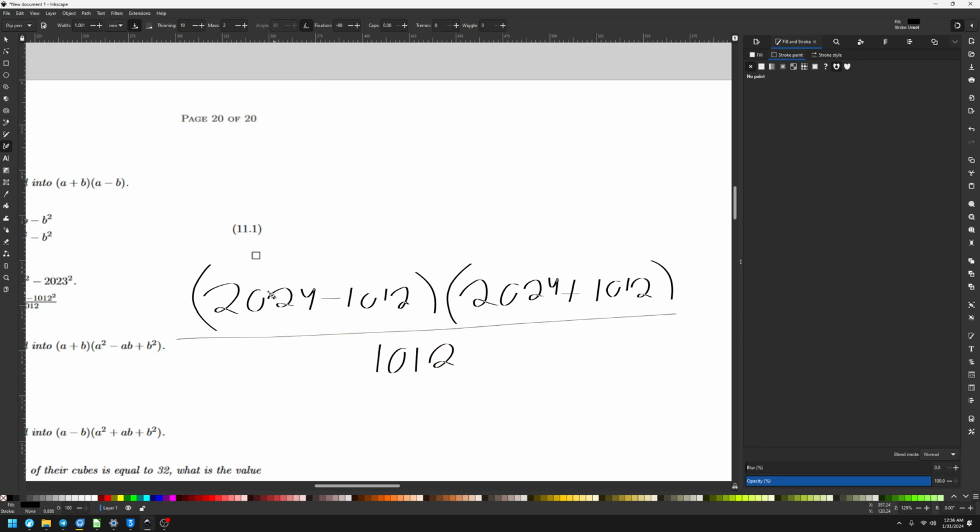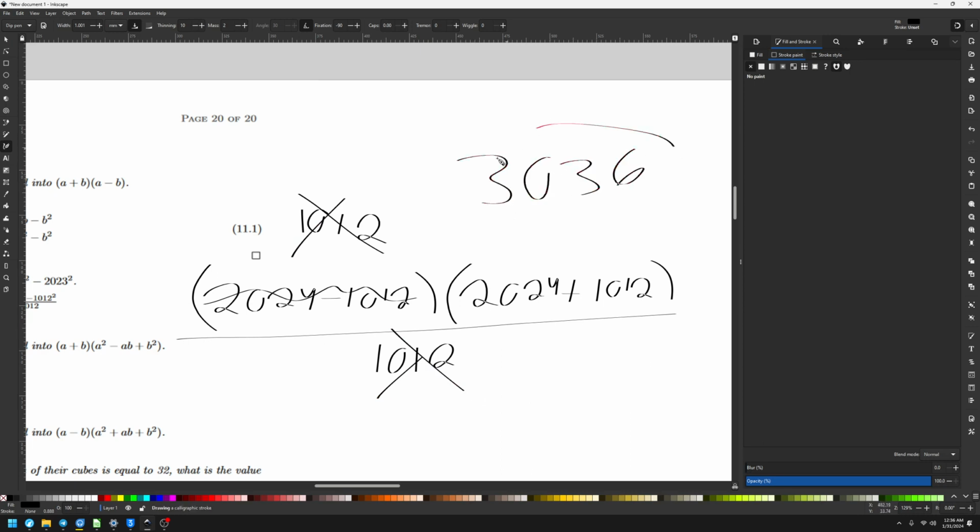Okay, we can see that this factor just condenses into 1012. And since we're multiplying in a fraction, we can cancel out the 1012s. So cancel out. And we're left with 2024 plus 1012, which is 3,036, our final answer.